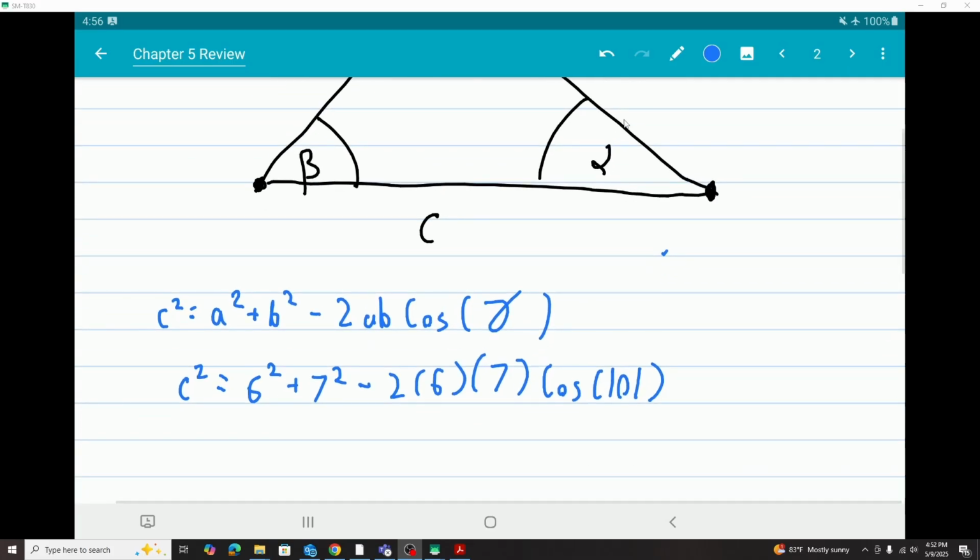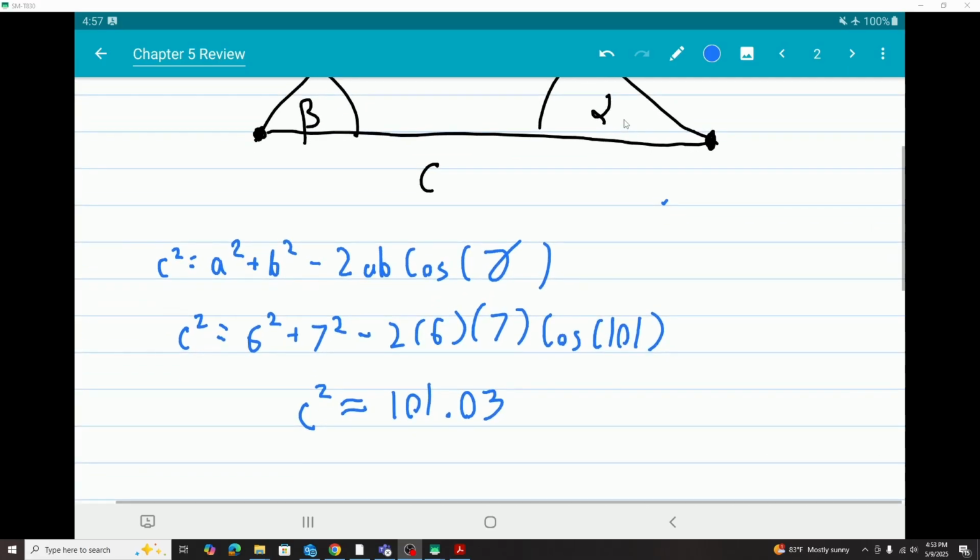And the calculator spits out that c squared is roughly equal to 101.03-ish if we're rounding to 2 decimal places. Of course, we might as well take the number we get, so I get like a big long 8-digit number. I might as well take all of this and just take the square root. So I get c is approximately 10.05.